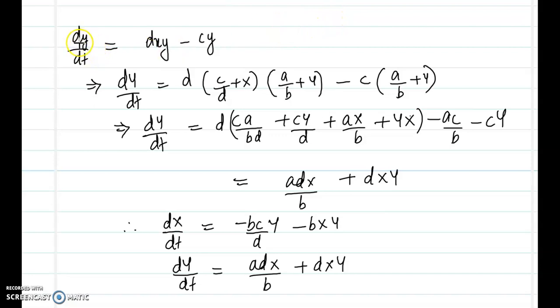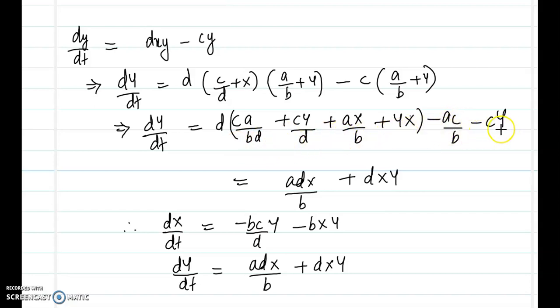Again dy by dt will be equal to dY by dt, since a by b is a constant. So substituting x and y, we will get d times (c by d plus X) into (a by b plus Y) minus c times (a by b plus Y). Upon multiplying, this is what we get.